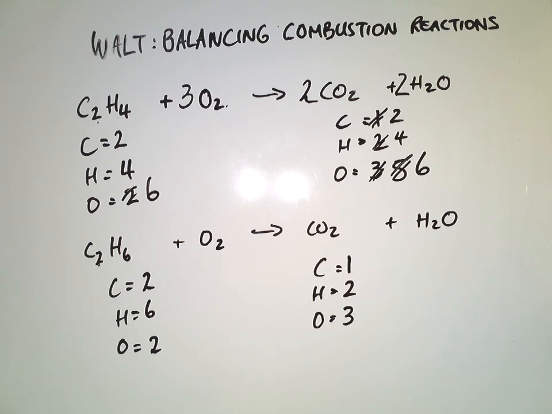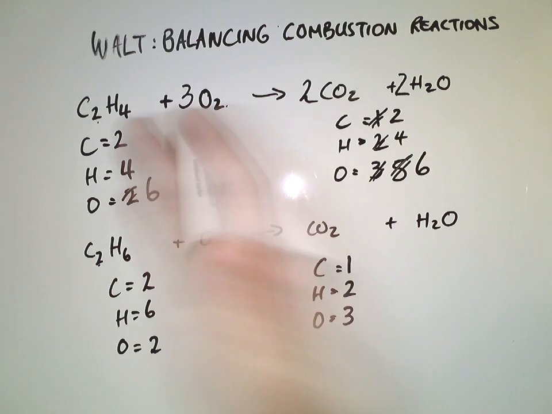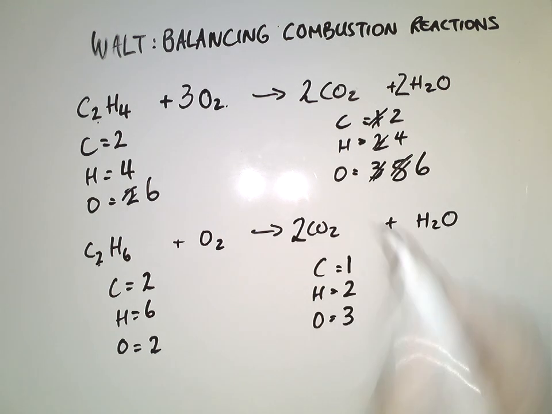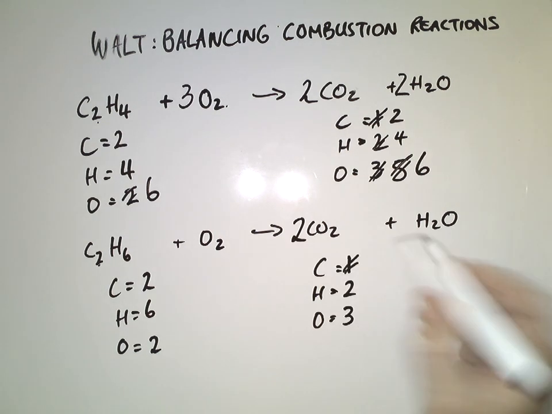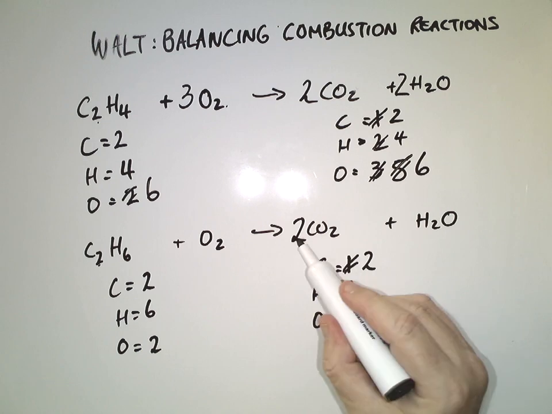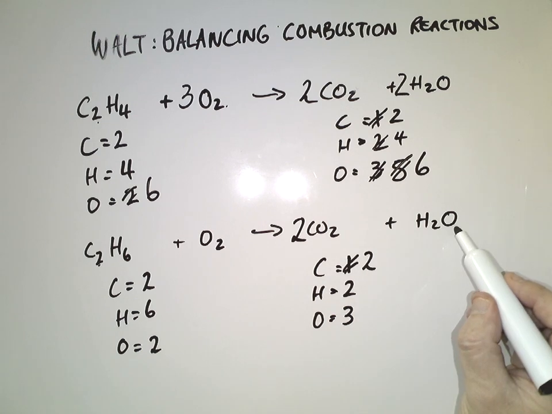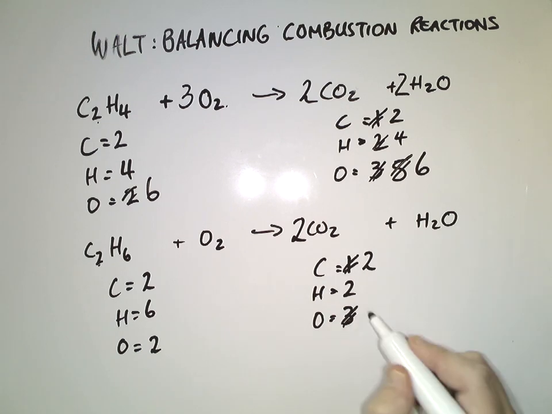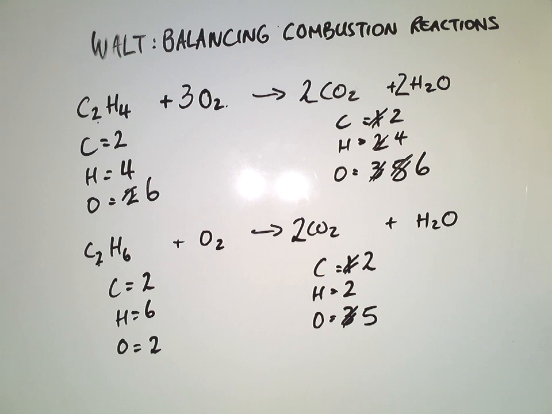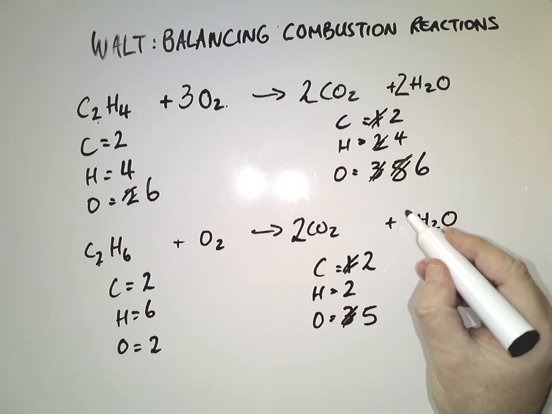So if we start with this, we're going to do almost exactly what we did at the start. We're going to balance for carbon. So we're going to put a 2 here, and that's going to give me 2 carbons, and 2 times 2 oxygens, which is 4, plus another one, which gives us 5 oxygens in total. So when we go to balance for our hydrogen, we've got 6 over this side and only 2 here, so we need to put a 3.